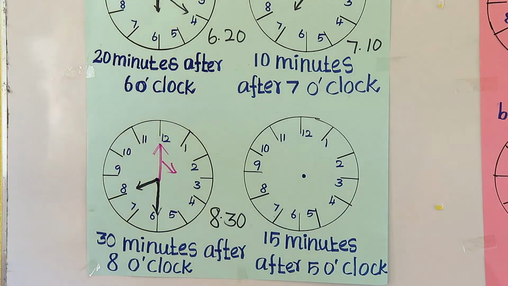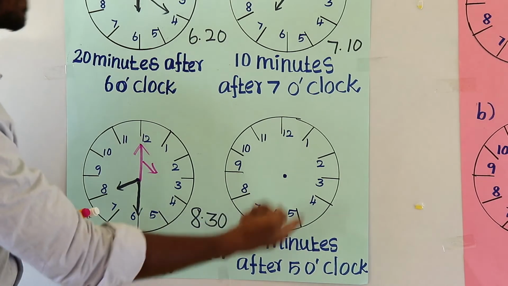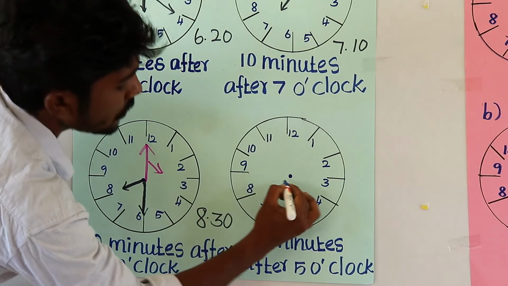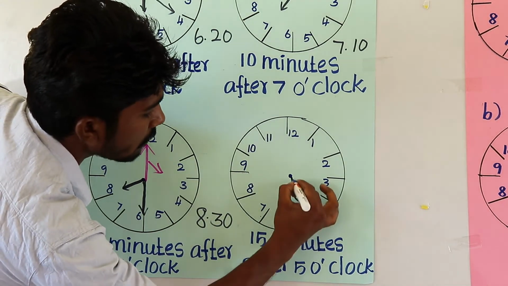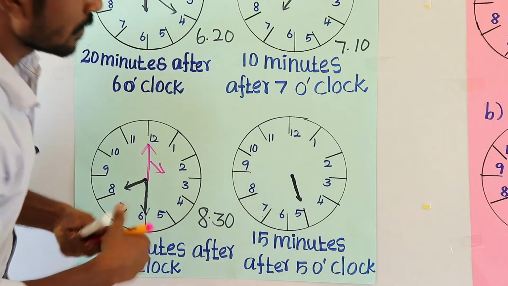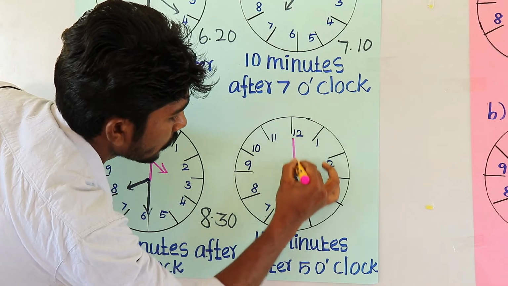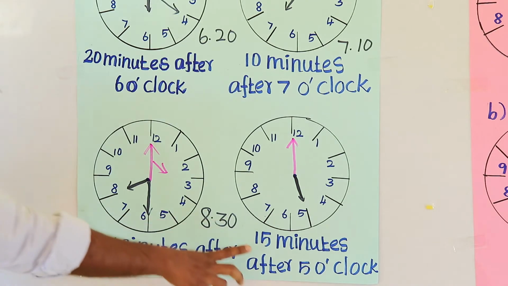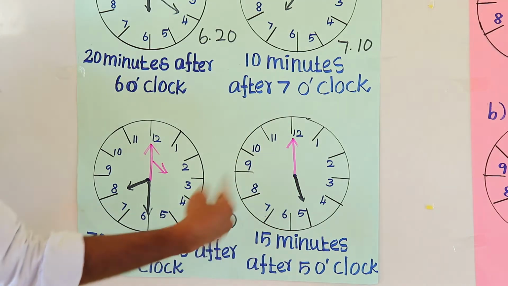Next one, the last one, 15 minutes after 5 o'clock. First, 5 o'clock means the hour hand is at 5 and the minute hand is at 12. Next the question is 15 minutes after 5 o'clock.